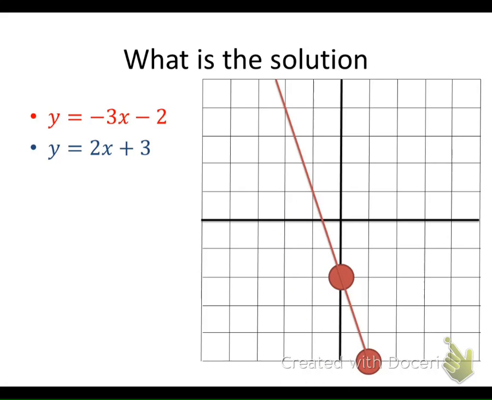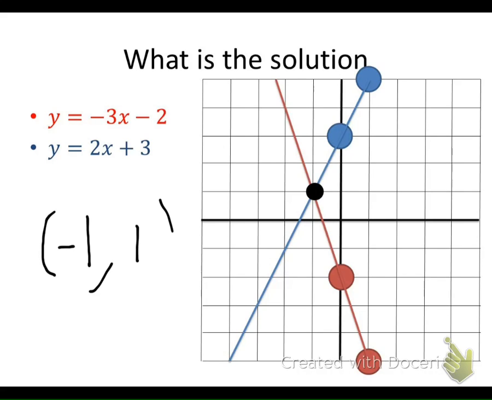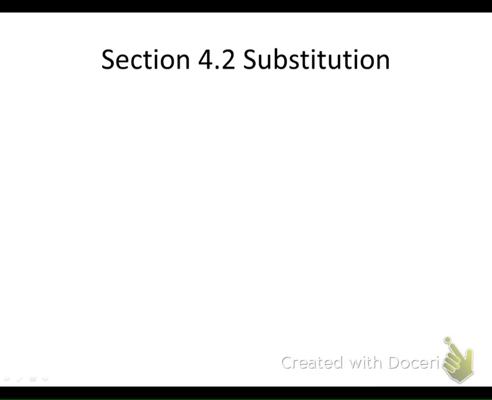Go to the next one. Starts out at a positive 3. Once again, put a 1 underneath that number to make it a fractional slope. So we'll go up 2, forward 1, draw the line through it, and that intersection point is going to be x is a negative 1, y is positive 1. And we're done. Alright, so this has been the section on graphing.